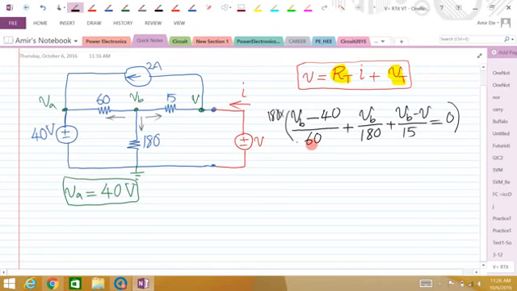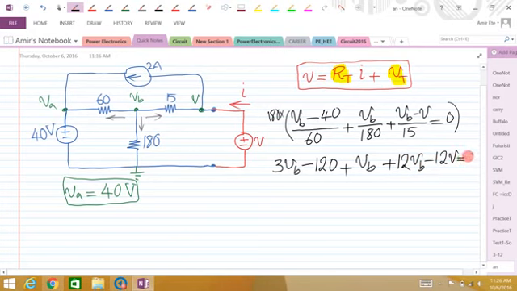So in the first term here, 180 over 60 is 3, so 3 VB minus 3 times 40, plus the second term, 180 and 180 cancel, so it's just VB. The third term, 180 divided by 15 is 12, so 12 VB minus 12 V equals 0.